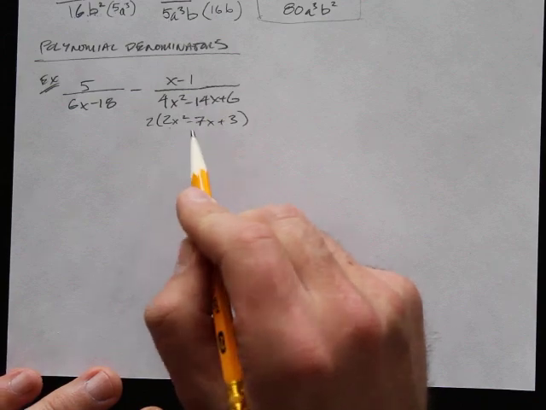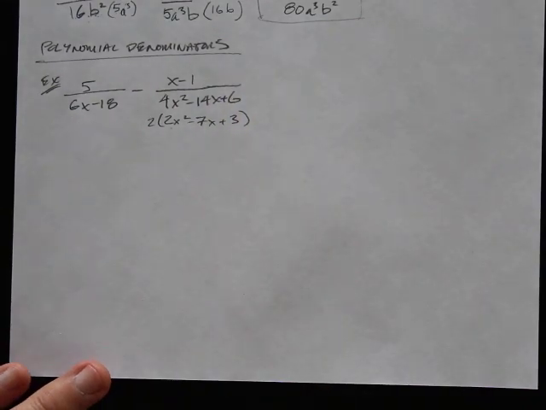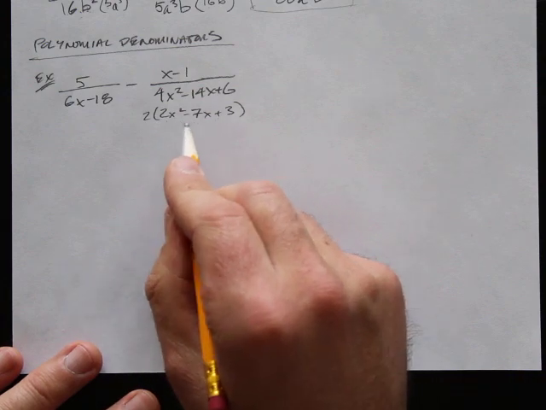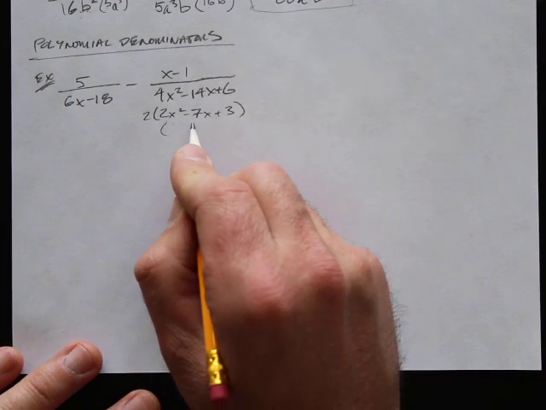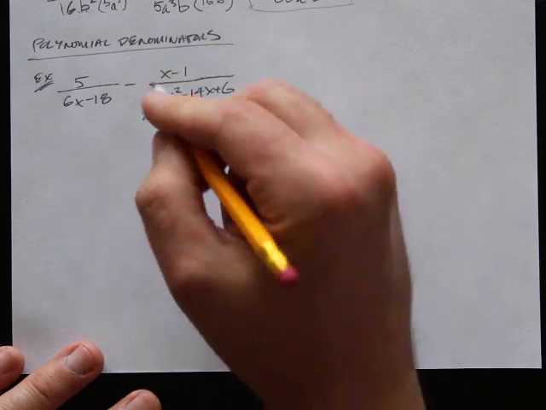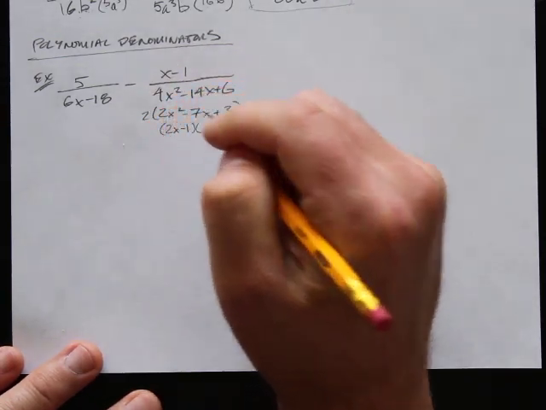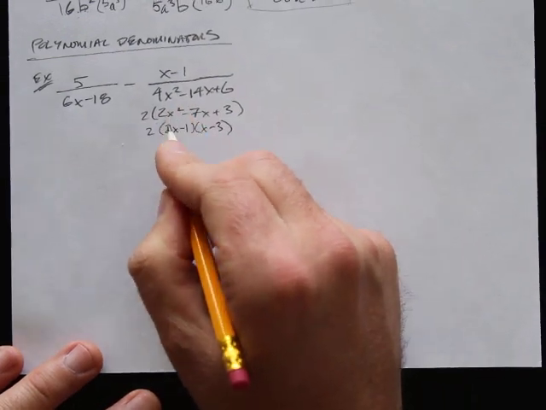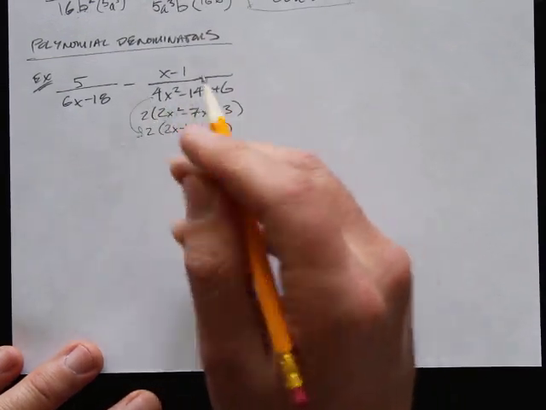If I were to use my magic x, which I'm not going to take time to do, I can factor this as 2x minus 1 and x minus 3. So that's what this denominator factored looks like.